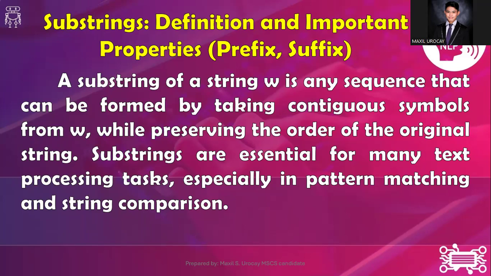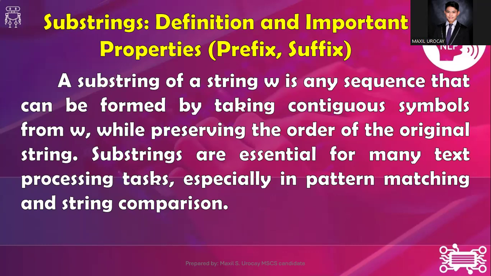So substrings are essential in many text processing tasks such as pattern matching, comparison, and searching for specific sequences or patterns within a larger text. They help in identifying relevant portions of text for further analysis or processing.